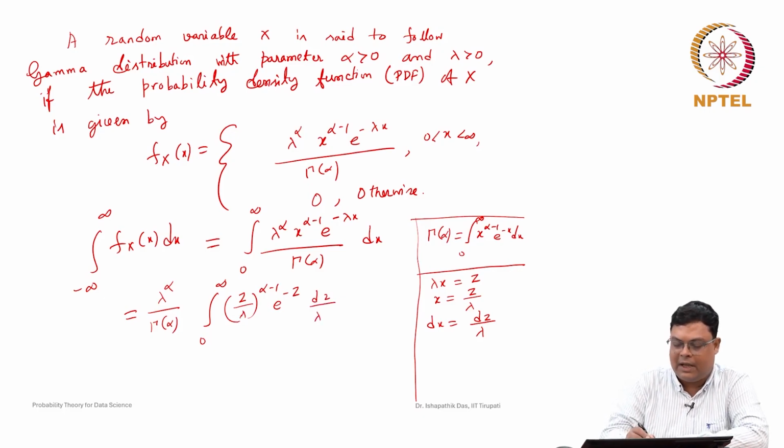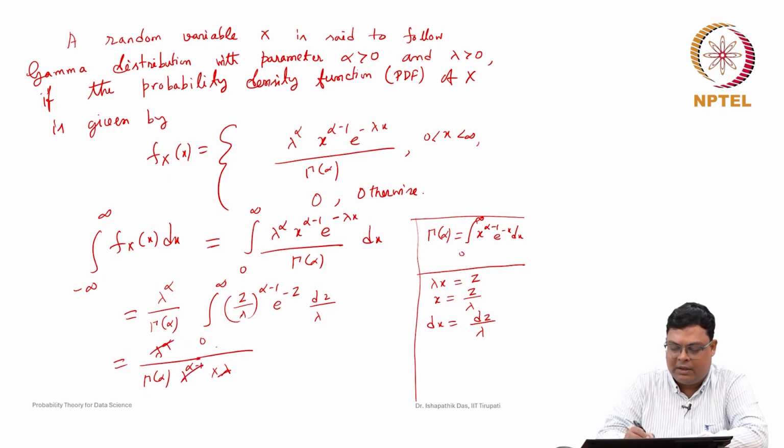Then you can see lambda to the power alpha by gamma alpha. Here also we have lambda to the power alpha minus 1 in the denominator, and from dx we get another lambda, so that is why it is lambda to the power alpha. That will cancel with this, and the remaining thing is the integral from 0 to infinity of z to the power alpha minus 1 e to the power of minus z dz.